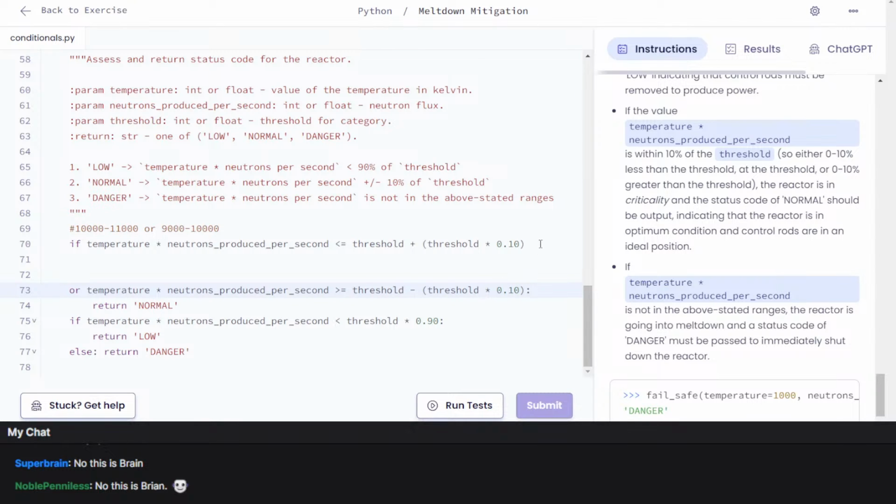Alright, guys, so... Superbrain says I only have this account. Oh, so just multiple people are named Brian. Which is fair, I guess.